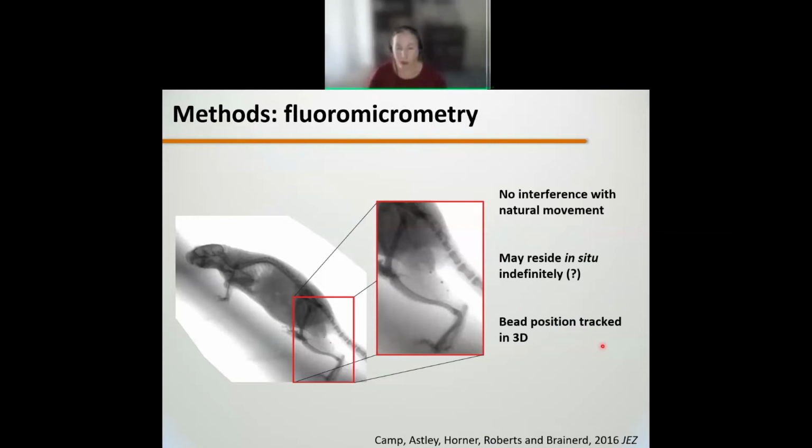We used fluoromicrometry to measure this in aged and young rats. I'm not going to go into too much detail about this here, but recall that I did say small mammals are notoriously hard to work with in terms of instrumentation. Any kind of little device you put on them, their locomotion, their behavior tends to change radically.